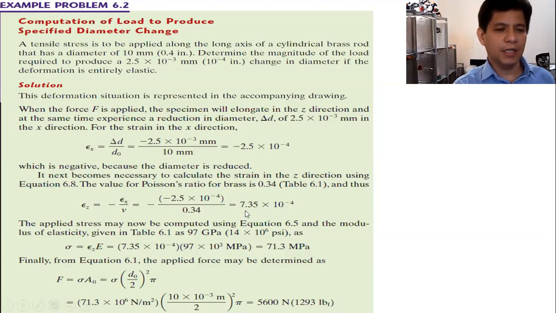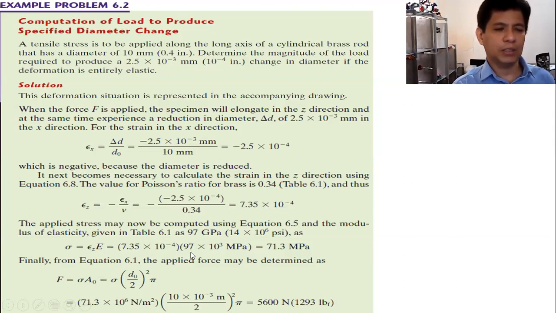Once you have epsilon z, next you use Hooke's law. Epsilon z is 7.35 times 10 to the negative 4, times the modulus of elasticity. Let's use Table 6.1 again.